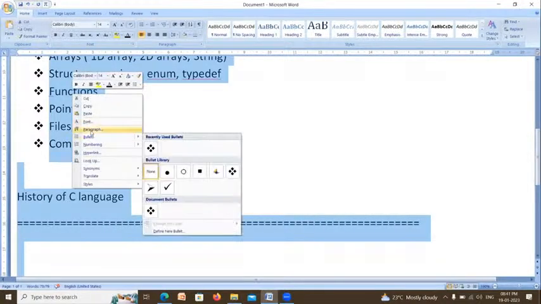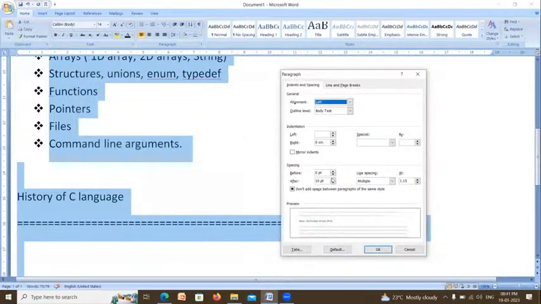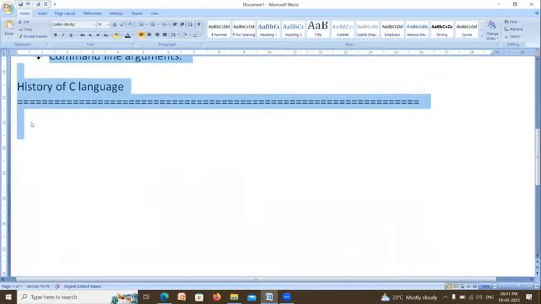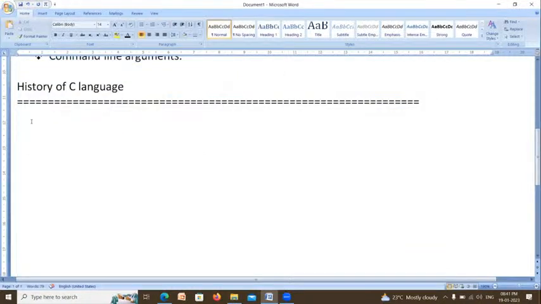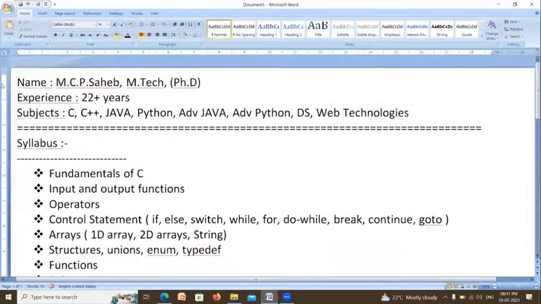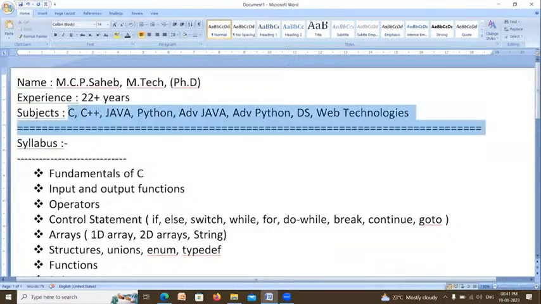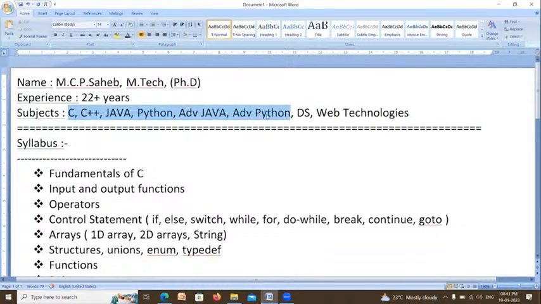My dear friends, wait a minute. I am setting the system settings. My dear friends, do you know so many programming languages are there in the world? C, C++, Java, Python, Advanced Java, Advanced Python.